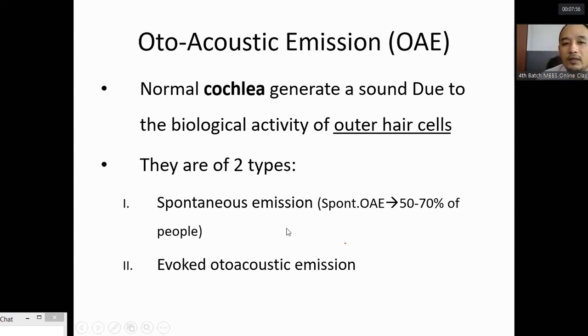If we detect the Oto-Acoustic emission, the test is pass, and if we do not detect it, it is fail. So if the result comes fail, we should proceed to the ABR, which will detect the electrical activities and can pinpoint the lesion in the hearing mechanism, whether it is cochlear or retrocochlear.